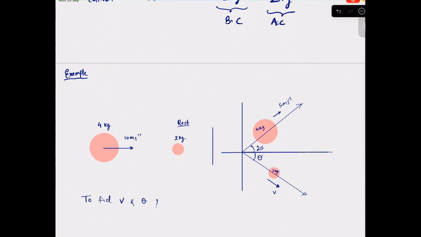Here, this 4 kg object is moving at 10 meters per second and it's colliding glancingly. So this is called a glancing collision or 2D collision, because as you can see after it, it's not going along the y-axis or x-axis. This is a picture after collision.